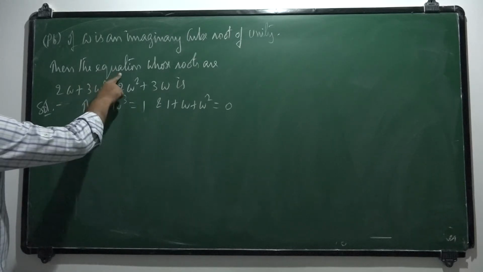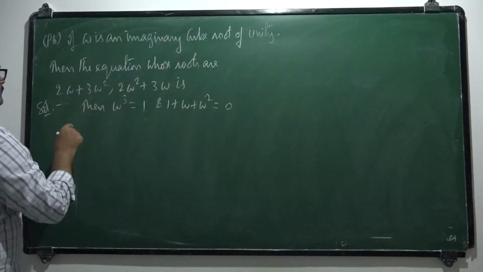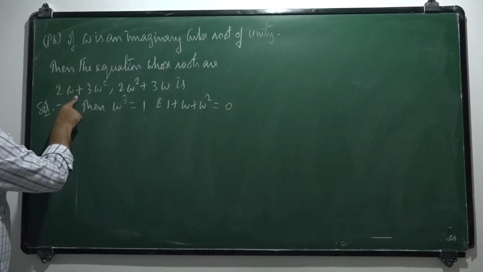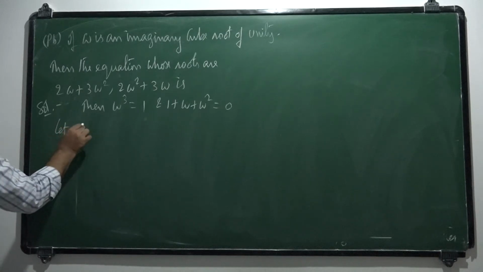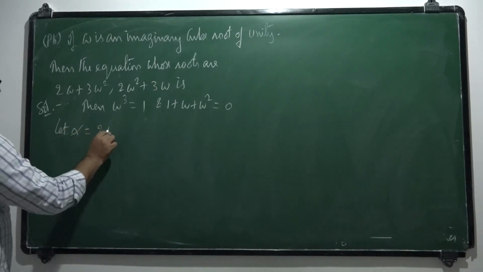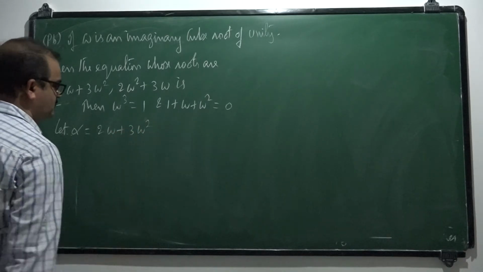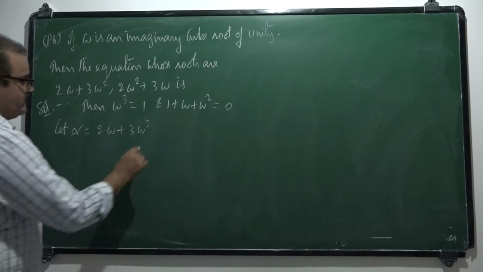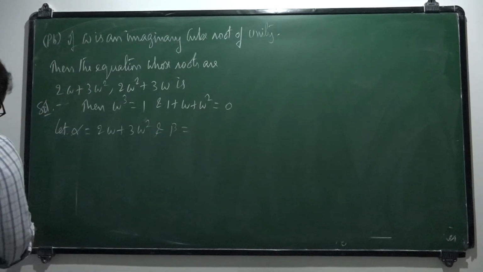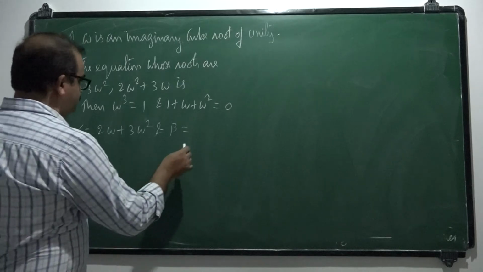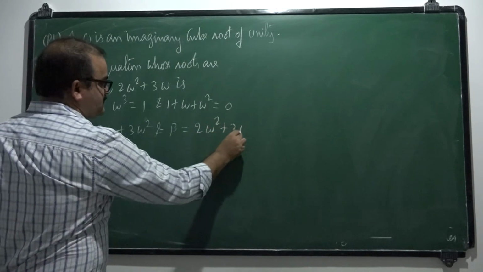We want to find an equation whose roots are these two. Let the first root be alpha and second root be beta. Let alpha is equal to 2 omega plus 3 omega square and beta is equal to 2 omega square plus 3 omega.